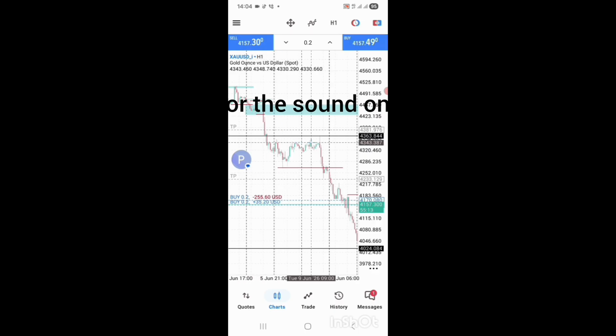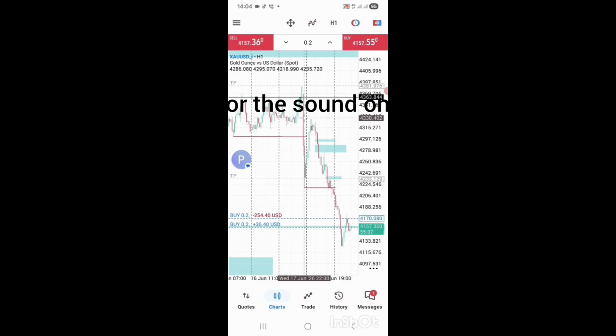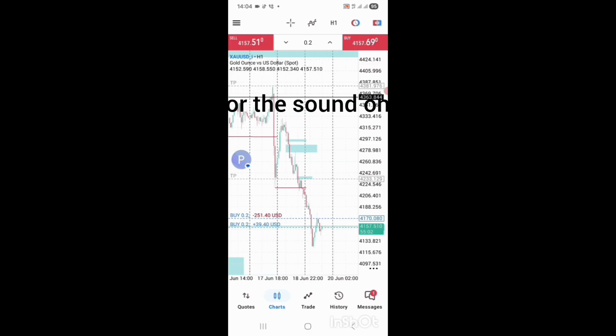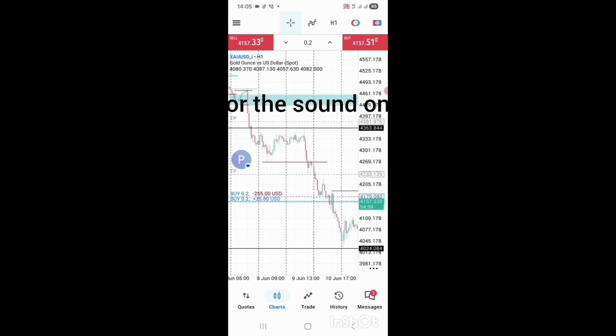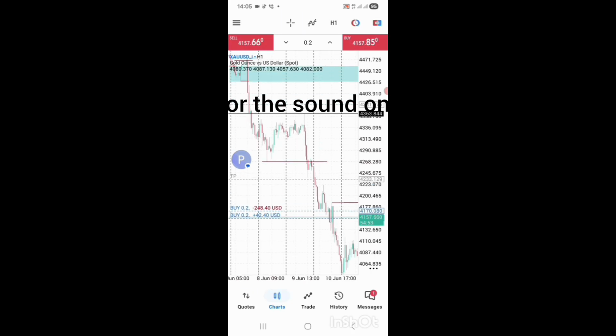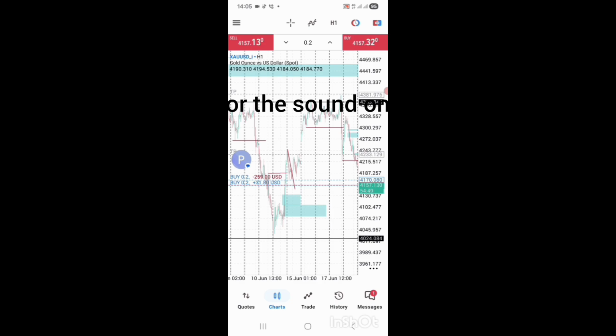Maybe that's why price never came back here. Just as we are seeing here, there is no fair value gap before that. So let's say that is an invalid setup, just like this was an invalid setup right here. The only setup that's going to work out is when price created a low.